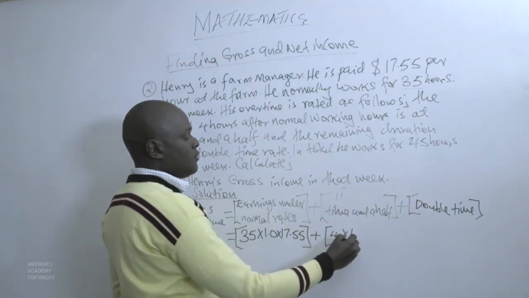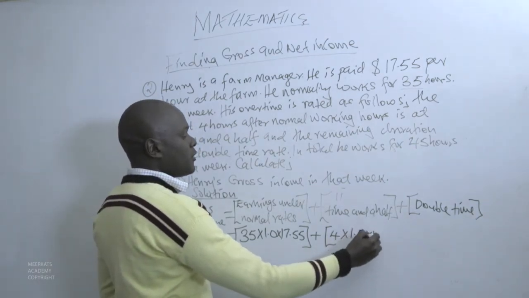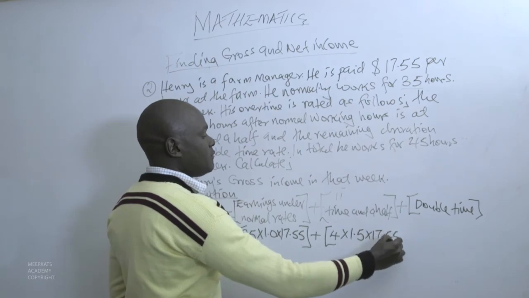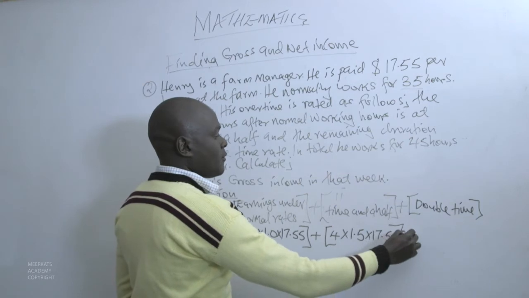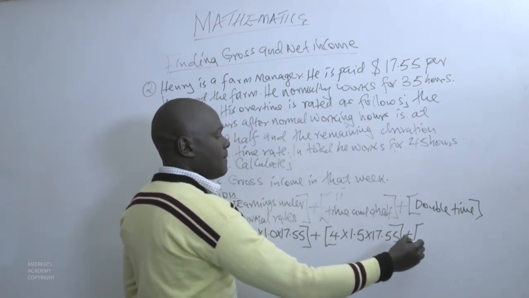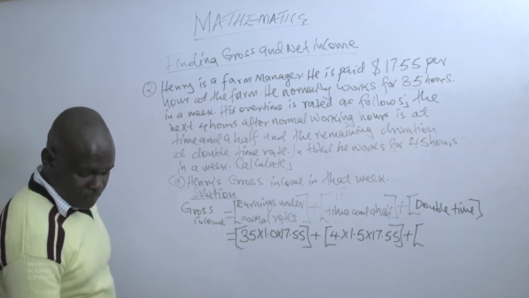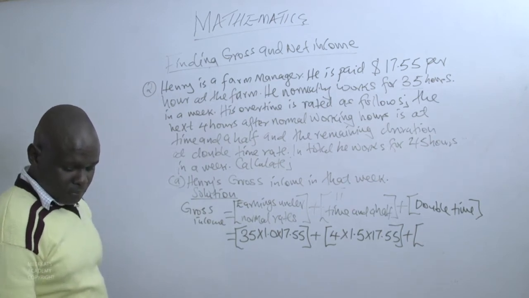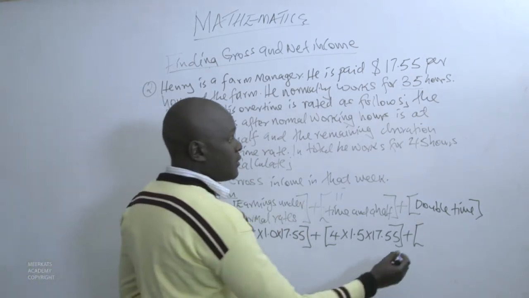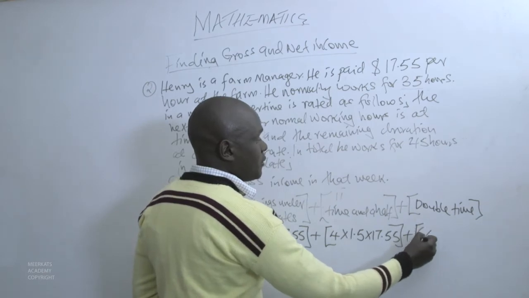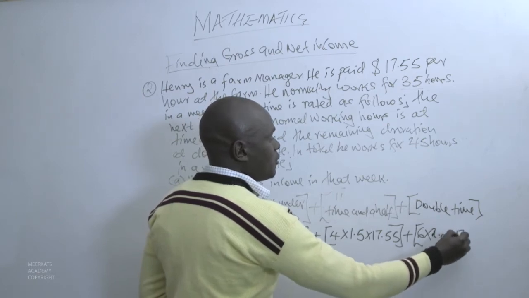And the rate here will be time and a half, 1.5 of the normal rate, which is $17.55 per hour. And lastly, we have 6 hours under double time, and the rate is 2.0 of the normal rate.